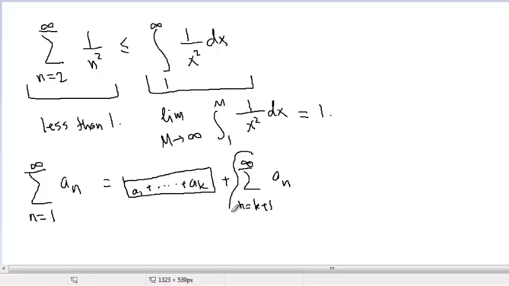And in the problems we will be interested in estimating this remainder term. And here, as you see in this example, we can estimate the remainder term by using improper integrals.